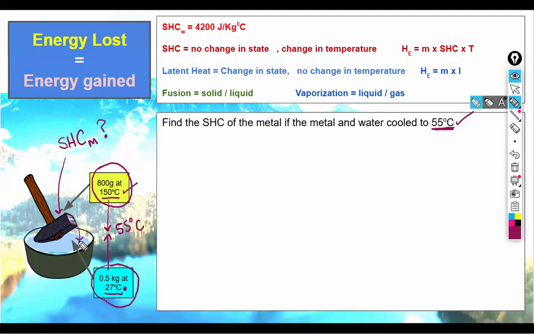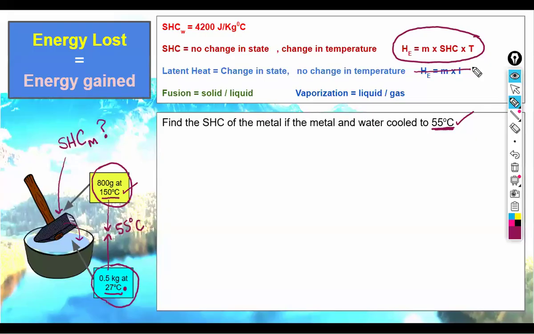Now, keep in mind, it's this formula we have to use for the experiment. It's not this one. How do I know it's that formula that we're going to end up using? Because wasn't a piece of metal a solid at the beginning of the experiment? And at the end of the experiment, it was still a solid.